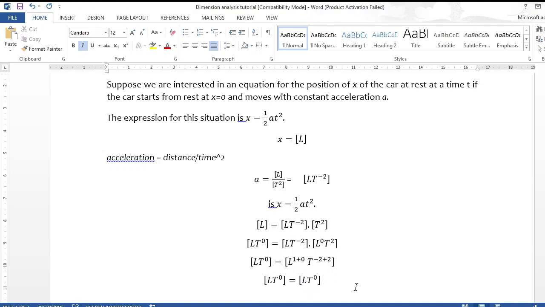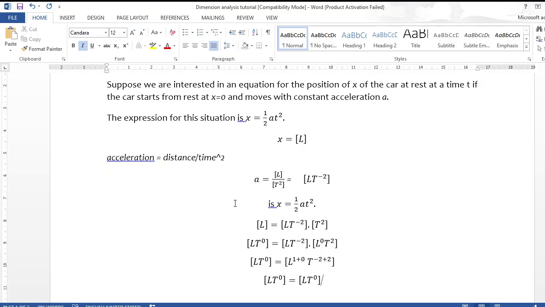L t to the power 0. It's the same. Whether you put a power of 1 or you don't put a power of 1, the interpretation is the same. So if you look at the right hand side, you see that it is the same as the left hand side. And if the right hand side is the same as the left hand side, the equation is homogeneous.